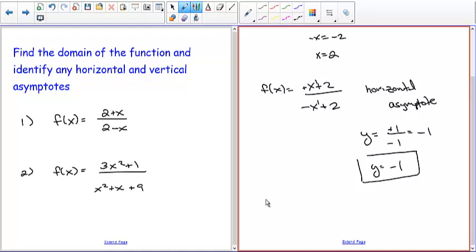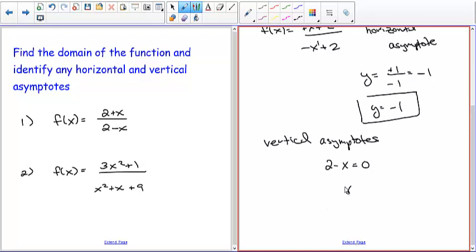And then you have your vertical asymptotes, and your vertical asymptotes are very similar to the domain question: what values of x do you get a 0 in the denominator but not a 0 in the numerator. So for the same reason we got the domain not equaling 2, we get the same thing here. So the vertical asymptote is also a line, a vertical line.